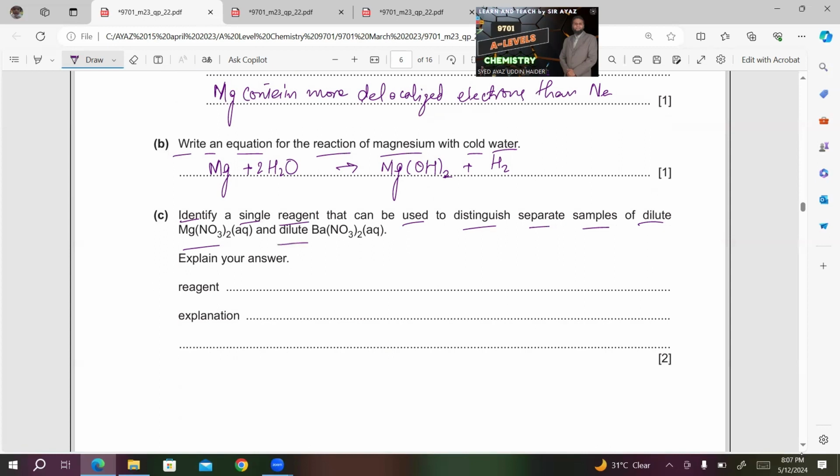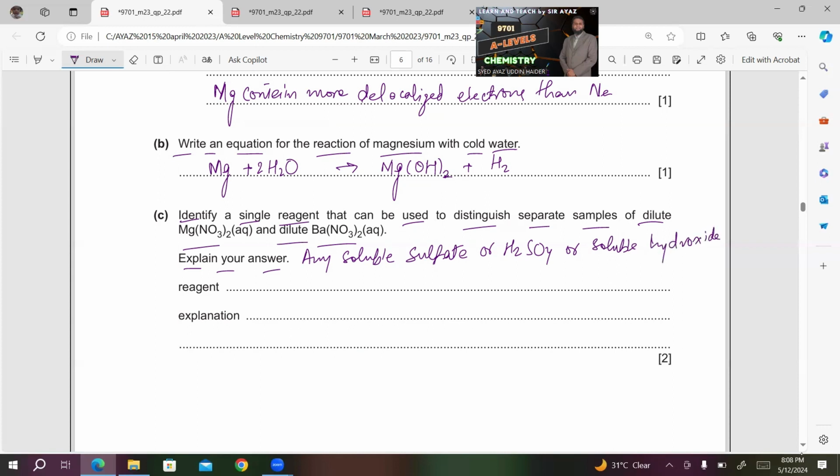C, identify a single reagent that can be used to distinguish separate samples of dilute Mg(NO3)2 aqueous and dilute Ba(NO3)2 aqueous. Explain your answer. So you can take any soluble sulfate or sulfuric acid or soluble hydroxide.